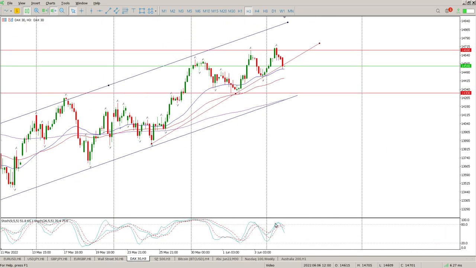So look at the oscillators, nice double top on the oscillators. A little bit of divergence, not really that clear, but this here could very well be a double top. So if I start adding that level in there, which would then break the wedge that's formed, what are we looking at?